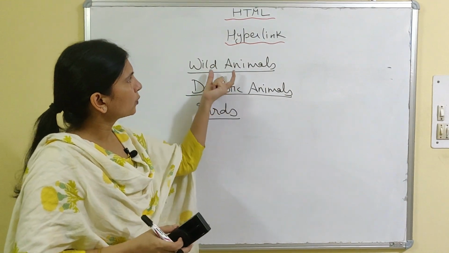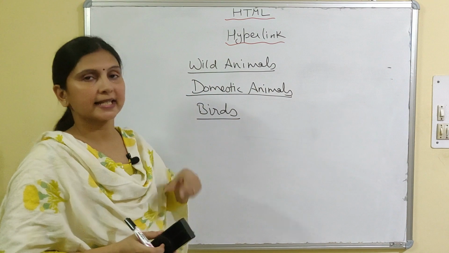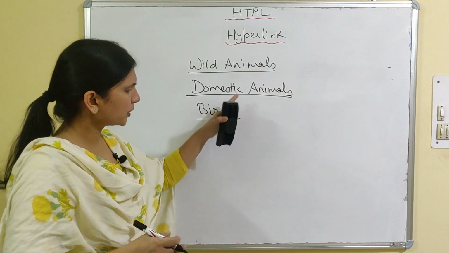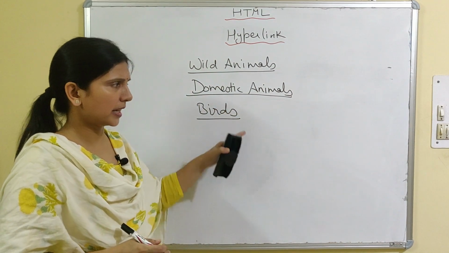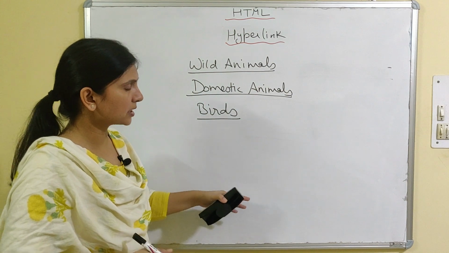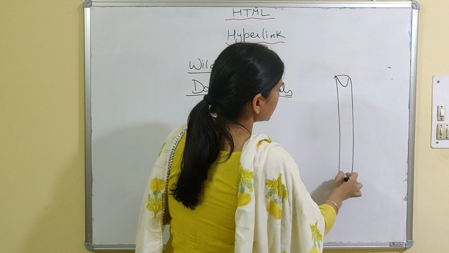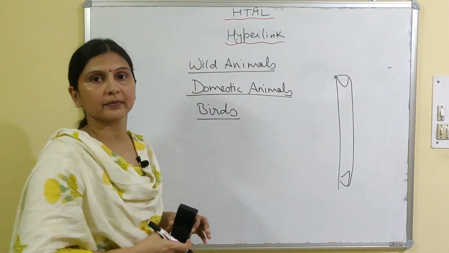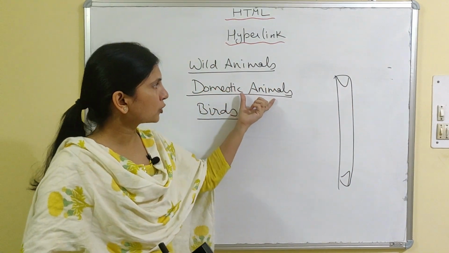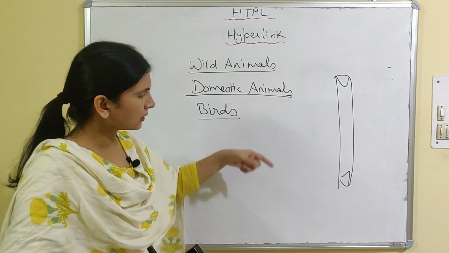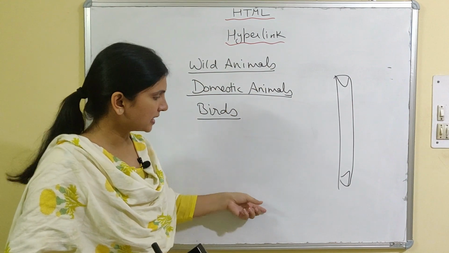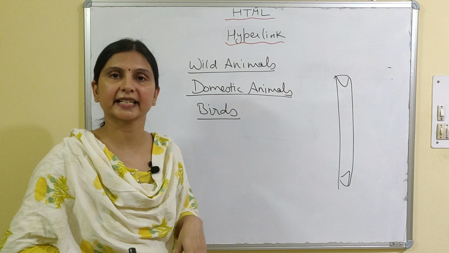For example, you want to go to the domestic animals, but the information is very large, and to go to the domestic animals we need to scroll up and down the web page. This is scrolling. Fine. To go to the domestic animals, what will we do? We will go down to see the information about domestic animals.